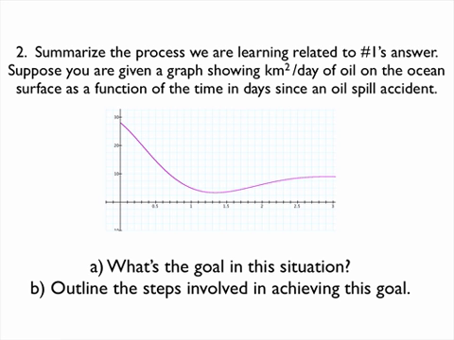So the overall question is, what's the overall goal in this situation, according to what we've been learning? And then outline the steps involved in achieving this goal. So we're trying to see if we're catching on or not to the big picture. Okay? Go. So what's the goal in a situation like this, relative to what we've been doing? And then outline the steps involved in achieving this goal.